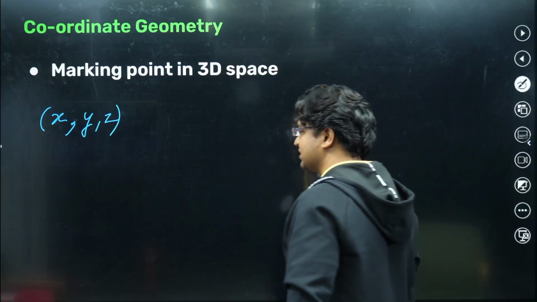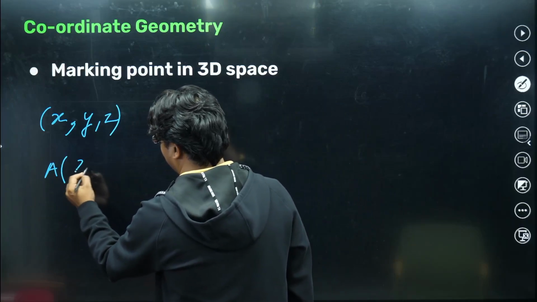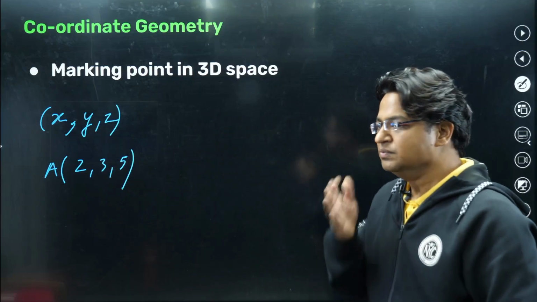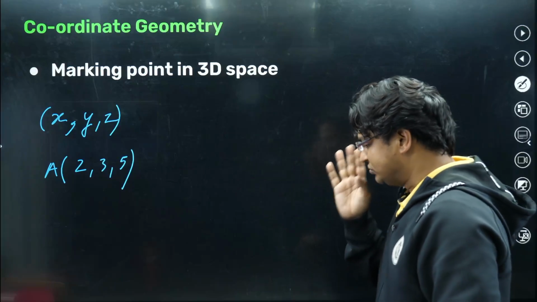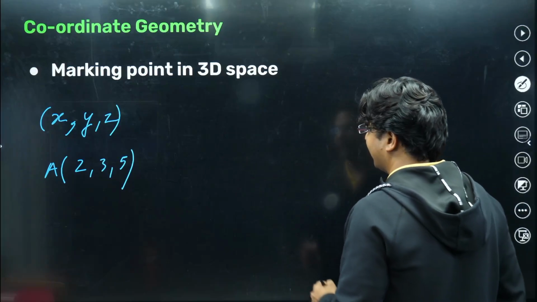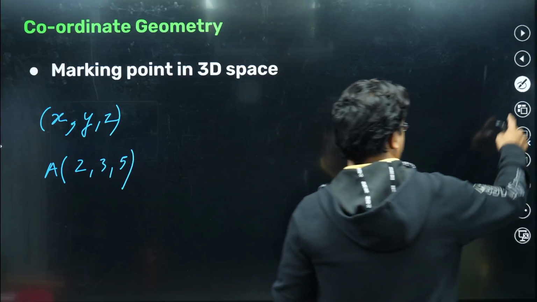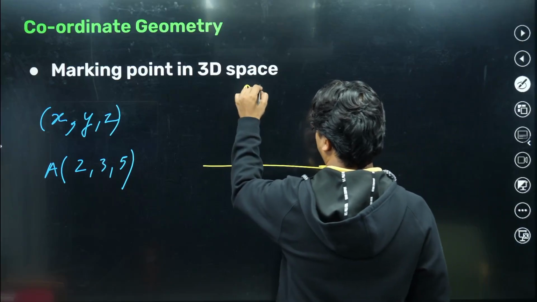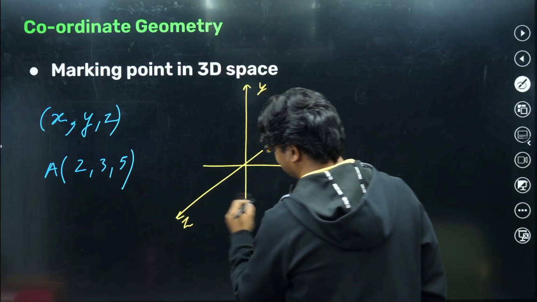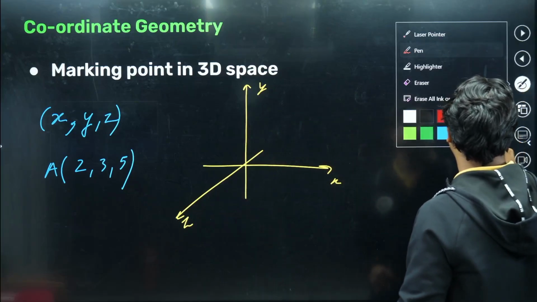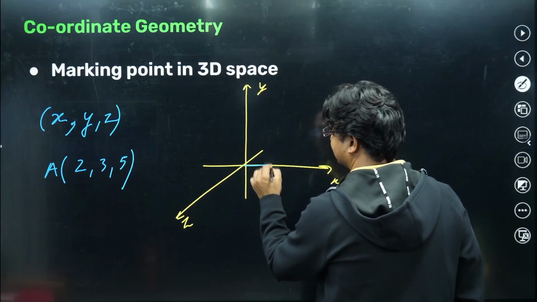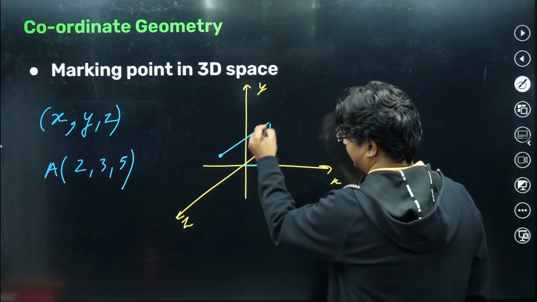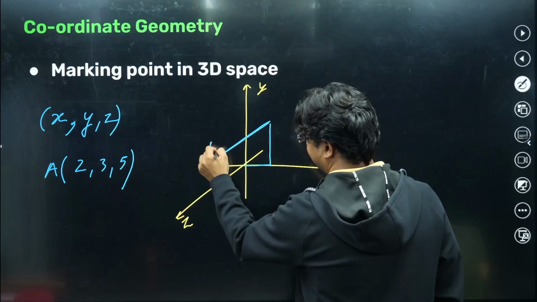If I say that point A has coordinates 2, 3, 5, let's say, I've written the numbers randomly, and I ask you to mark this point, then let's say this is x-axis, this is y-axis, this is z-axis. You will do this: 2 along x, 3 along y, and 5 parallel to z. So this would be point A.